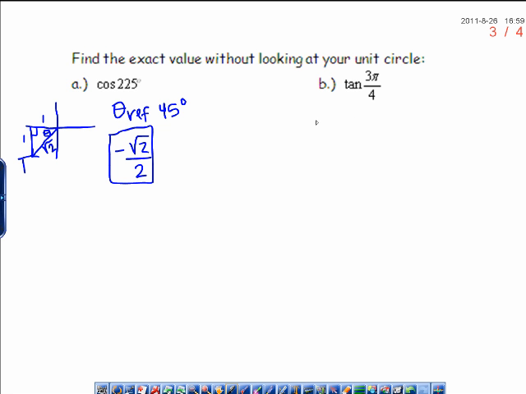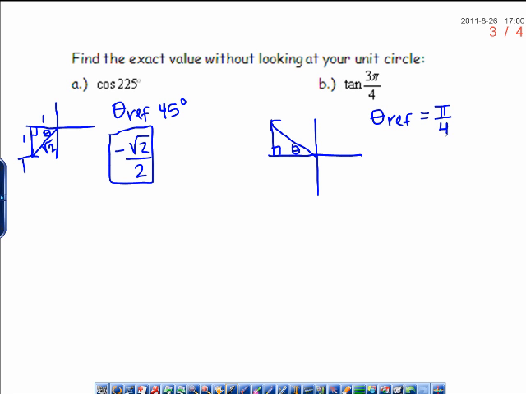So let's figure out what quadrant we're in. Remember, we start with 0. In radians, it's a half pi, or pi over 2, and then a whole pi. So 3/4 of pi would put us right here. If I draw my triangle, here's my theta, and my reference angle in radians would be pi over 4.